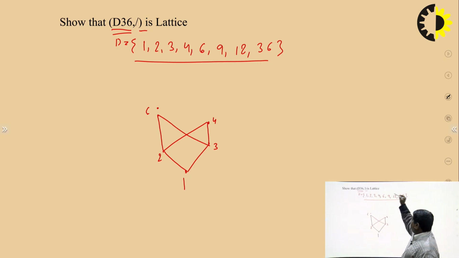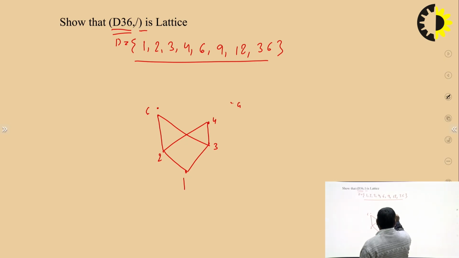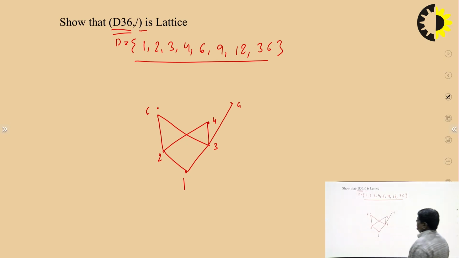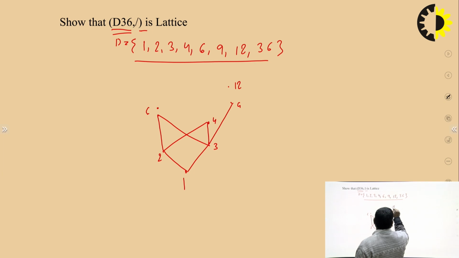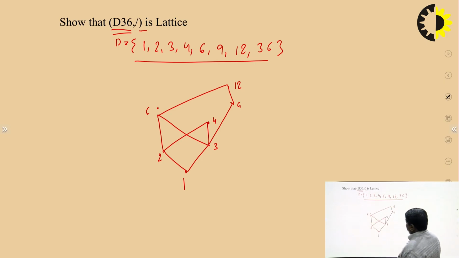The next element is 9. Yes, 9 is here, and 9 is related to 3 only. The next element is 18. 18 is here, and 18 is related to 9 and 6. Yes, and the next element is the final element, that is 36, is here.